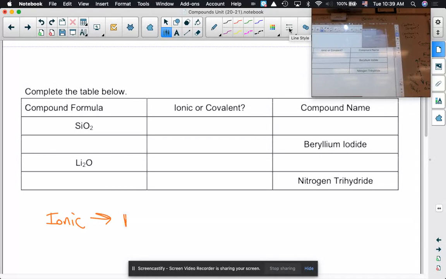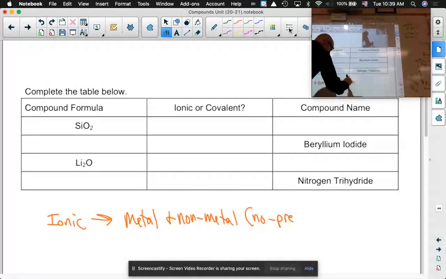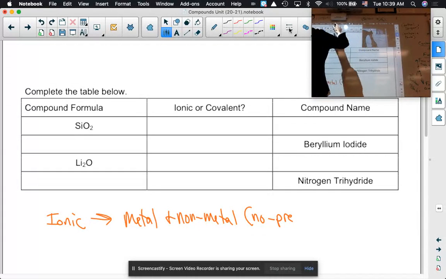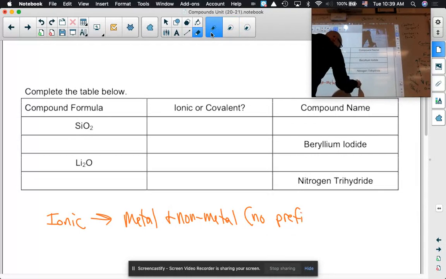Ionic, there's going to be a metal, most likely a metal and a non-metal. And the names will have no prefixes. No prefixes in the name.